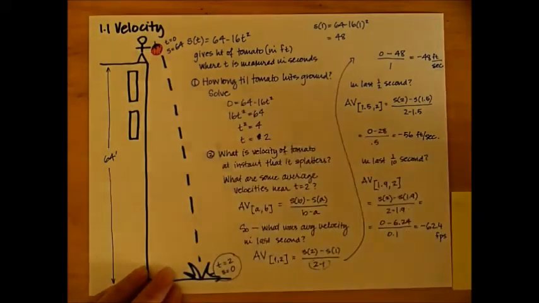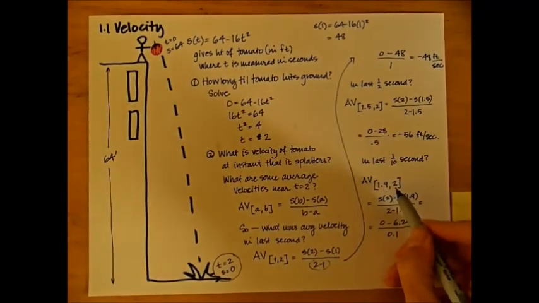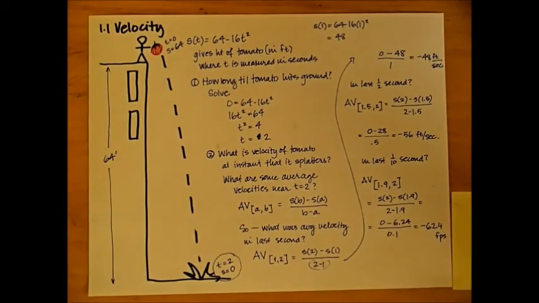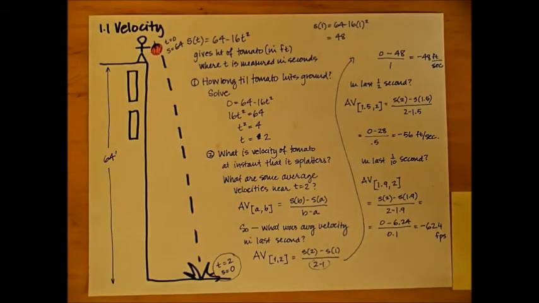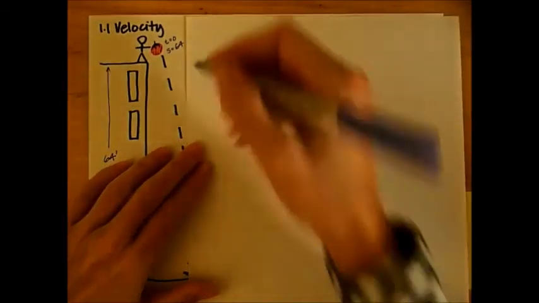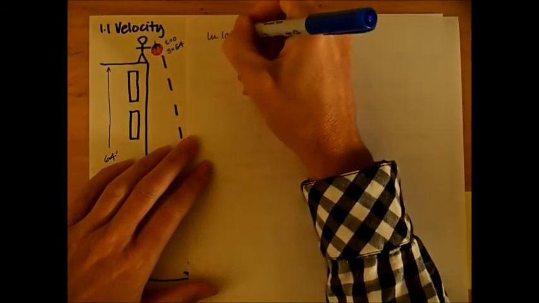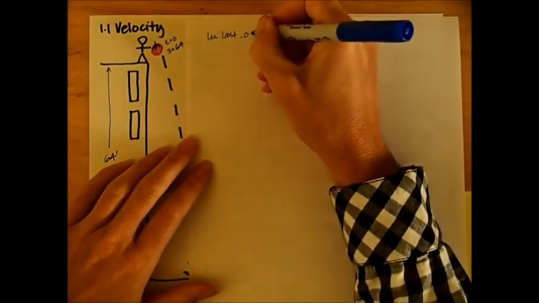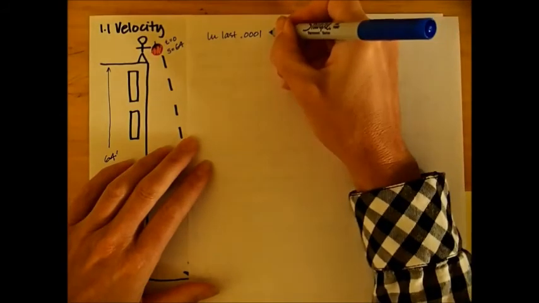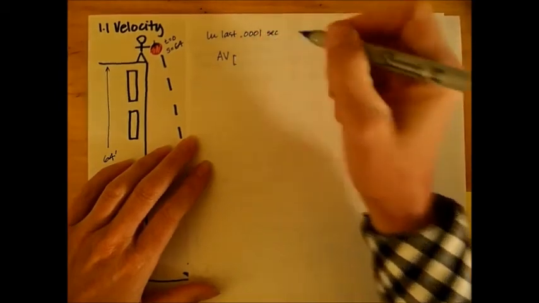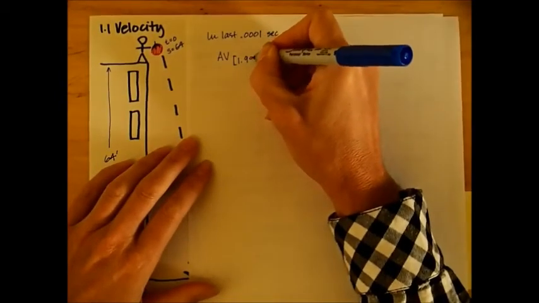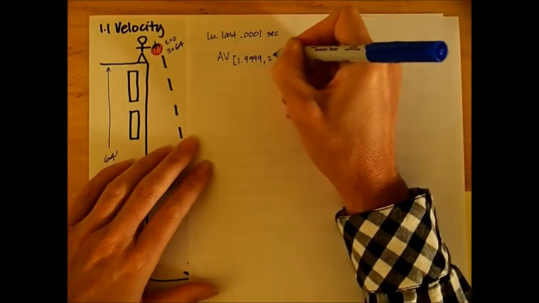So we could continue on like this, taking a smaller and smaller interval, and with a calculator we can make this 1.99999 and get really close. In fact, let's do that. In the last 0.0001 seconds, how many nines? 1, 2, 3, 4. Let's see what we get.